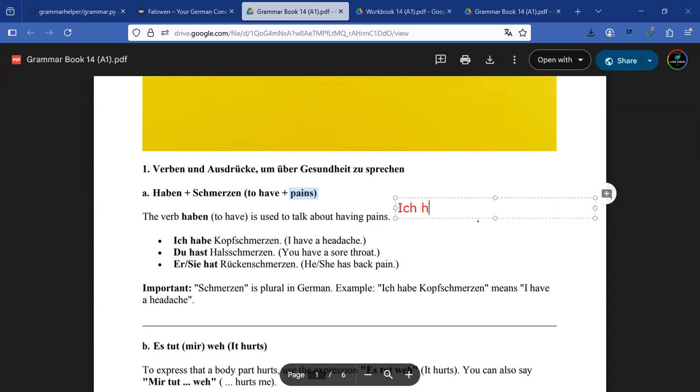We say ich habe plus the body part, then we say Schmerzen, right? So if your head is paining you, you put head here: ich habe Kopf Schmerzen. If it's your nose, you say ich habe Nase Schmerzen. If it's your teeth, you put it there. And that implies that you have pain.